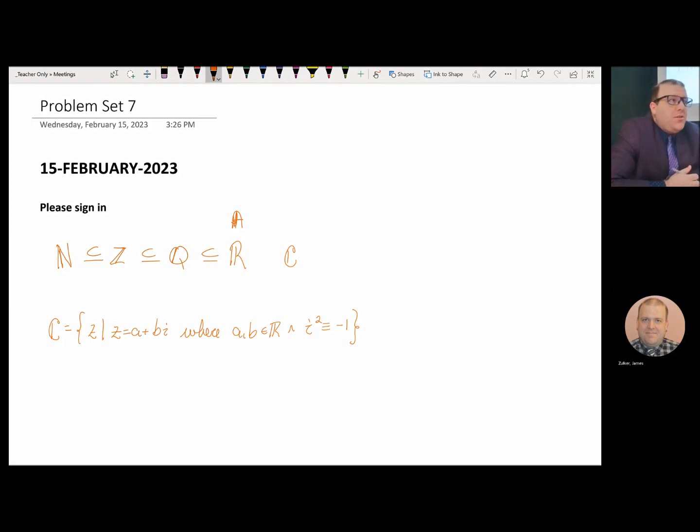A and b are real numbers, and i squared is defined to be -1. i is still called the imaginary number. It was kind of like, we're just going to define this so we can take the square root of negatives. We're just going to call it imaginary because you're not allowed to take a square root of a negative.